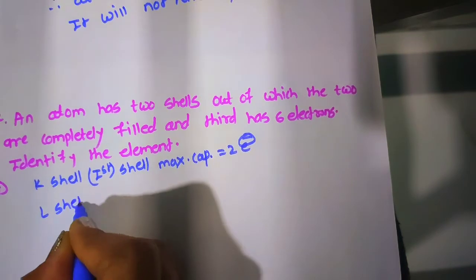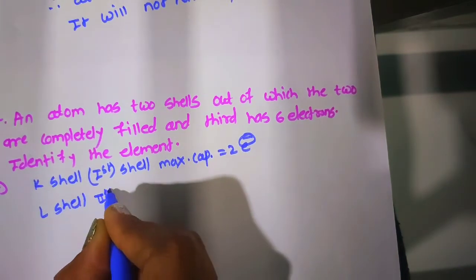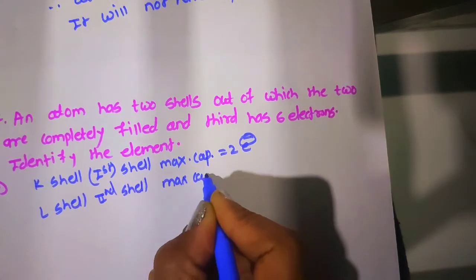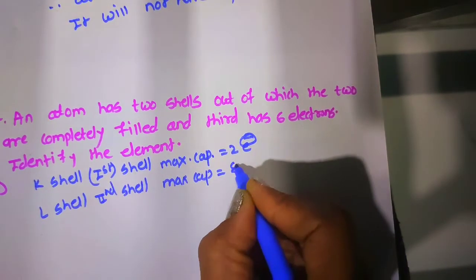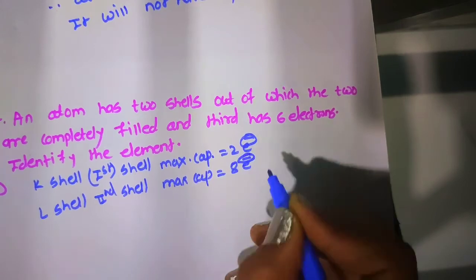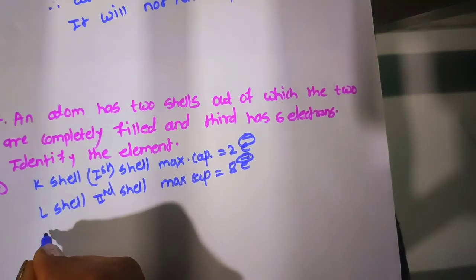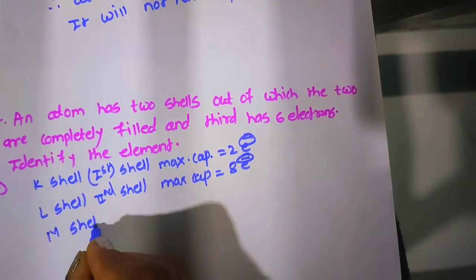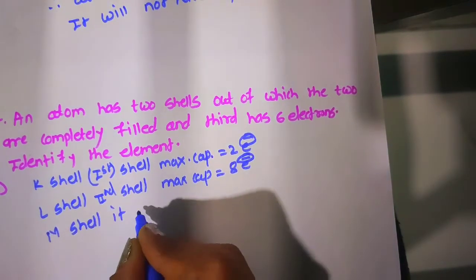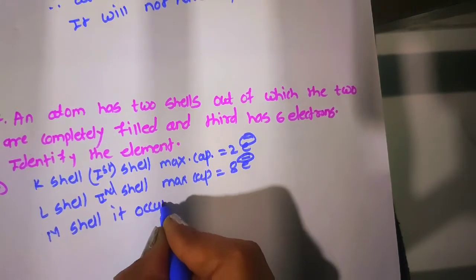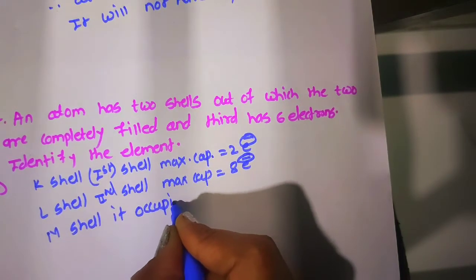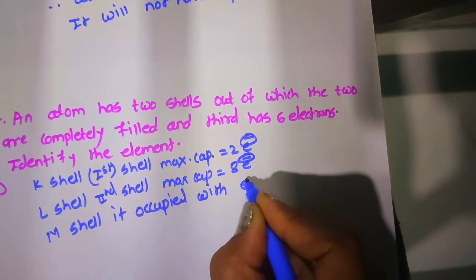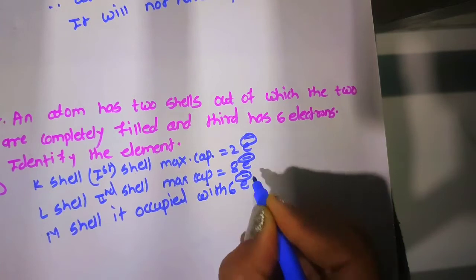The L shell, second shell, has a maximum capacity of 8 electrons, and the third shell, the M shell, is occupied with 6 electrons.